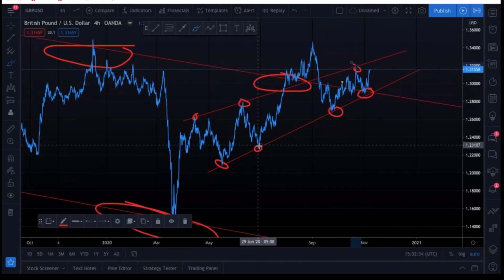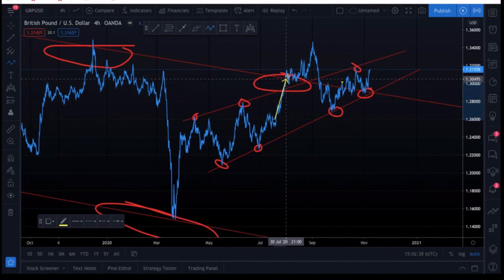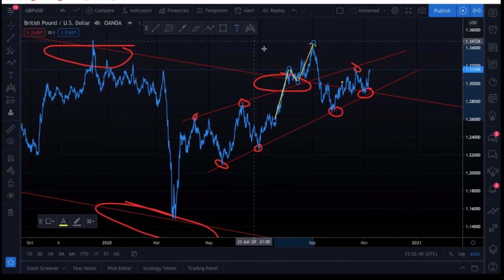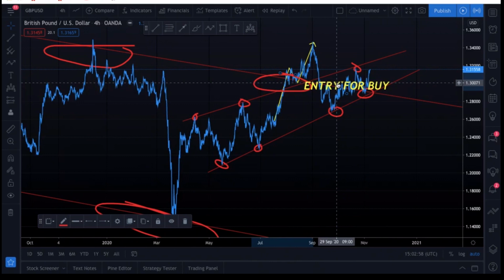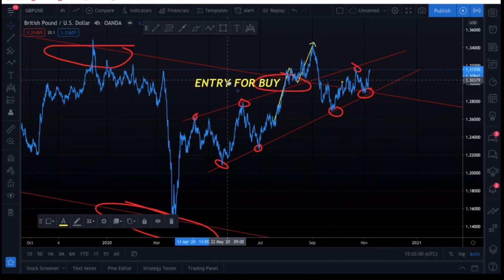You can see the reversal. There was a breakout here. It retested and went further away. So now that area would be our entry for buy. Here.